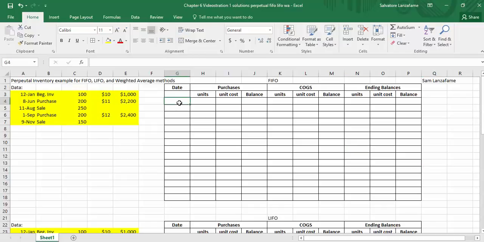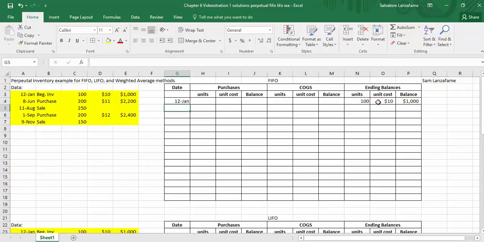I've just created a little fictitious example here just to help us go through this process. We're starting off with some inventory. So on January 12th, we've got 100 units at $10 a piece. And the value of that inventory to start us off with is $1,000.